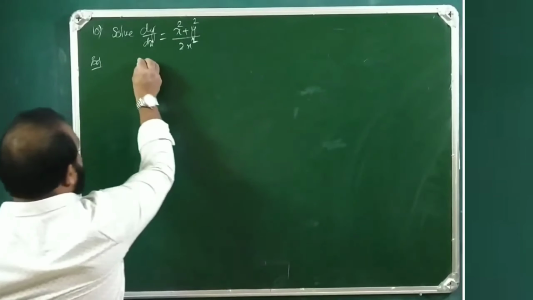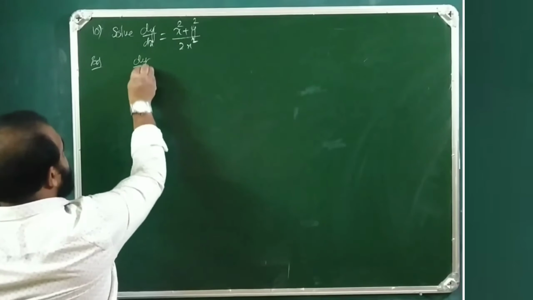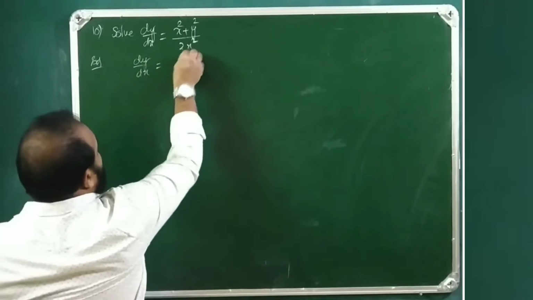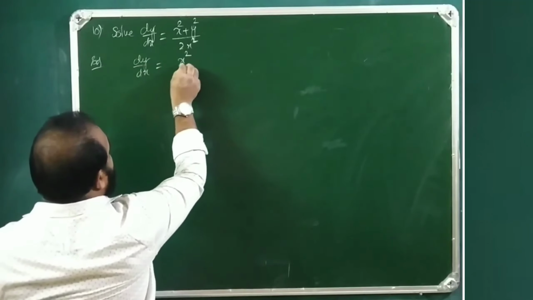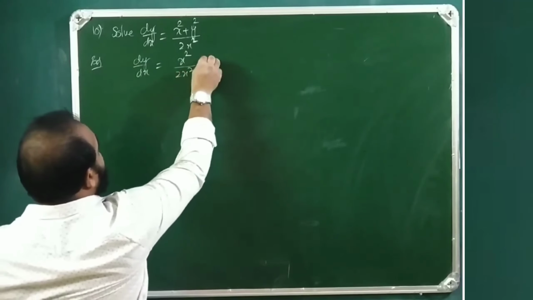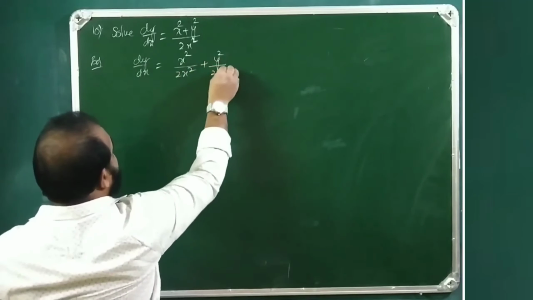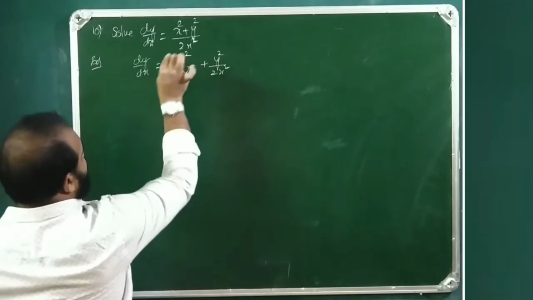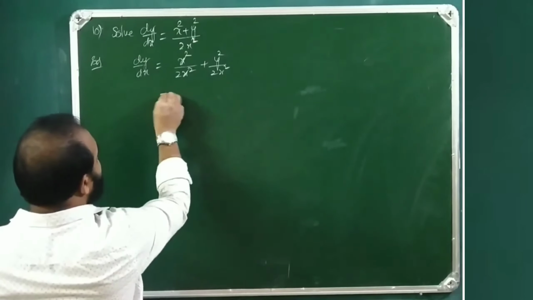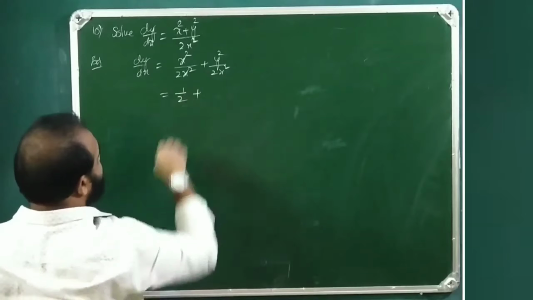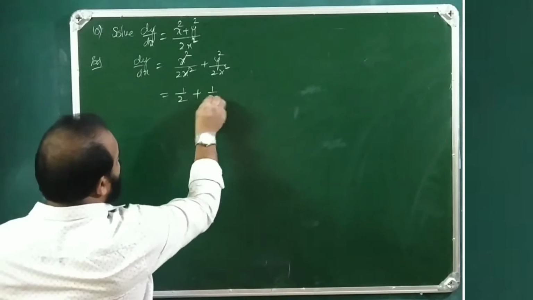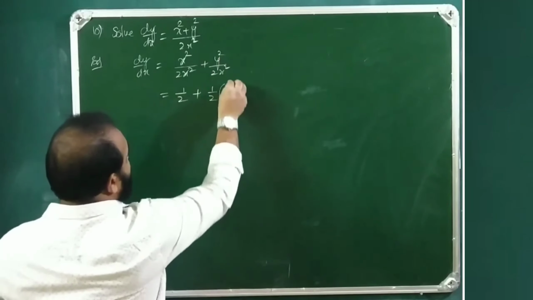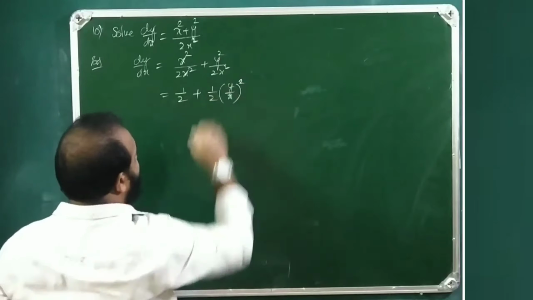Now, dy by dx equals x square by 2x square plus y square by 2x square. So x square gets cancelled. So this is 1 by 2 plus 1 by 2 into y square by x square, which is y by x whole square.